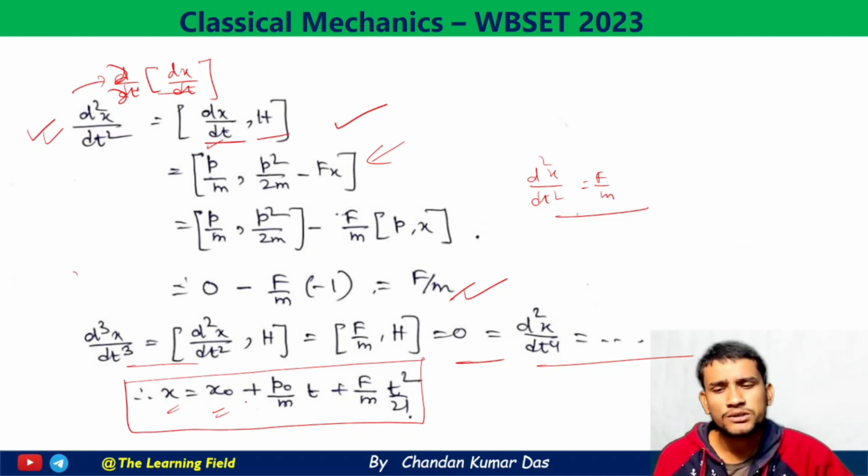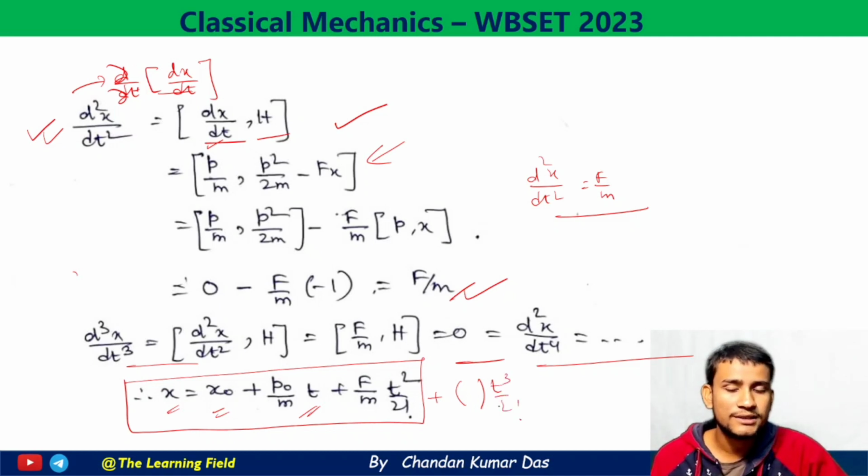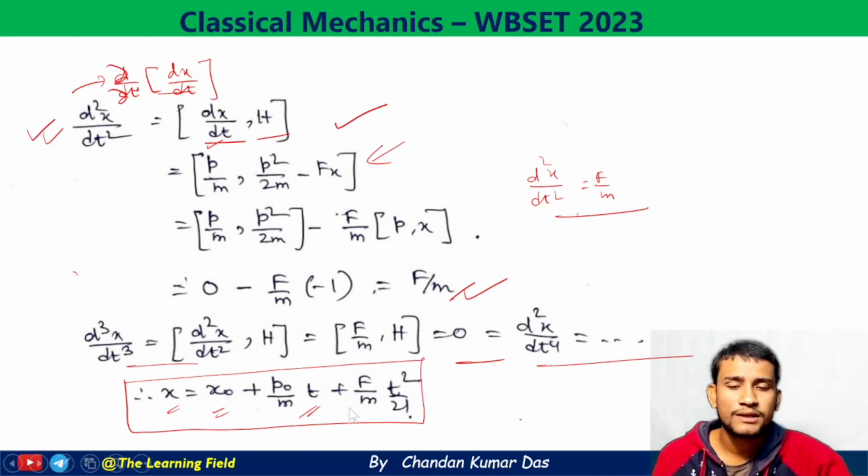Here only one position variable, which is x. This is into t plus f by m into t square. If we get other derivative terms, then we also write the coefficients of the derivatives and t cube by 3 factorial like this, okay. This is the equation of motion. You can say this is like the Taylor series expression, okay. This is the coefficient and this is the derivative terms.